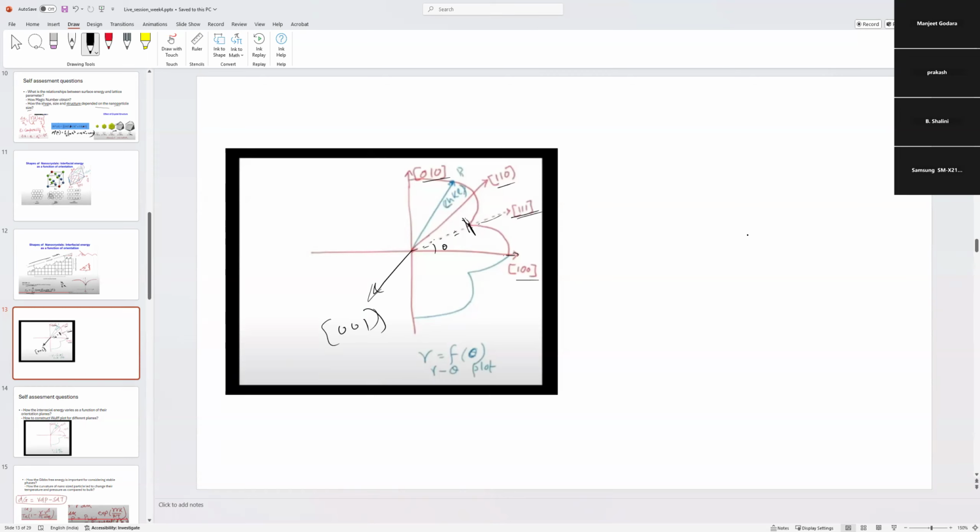For each one you'll have a different theta, and you take the normal to this and do this for all the directions. And the area enclosed is your Wulff plot, which gives you the particle shape.